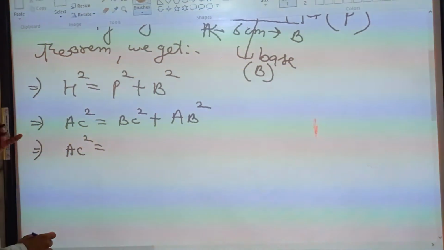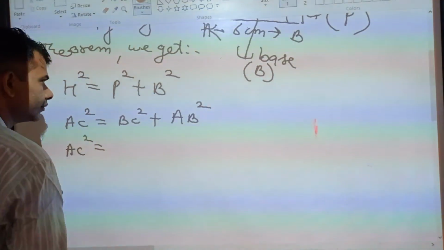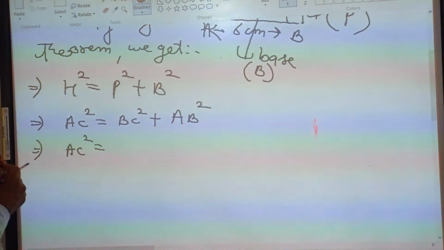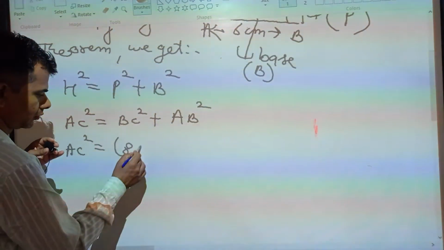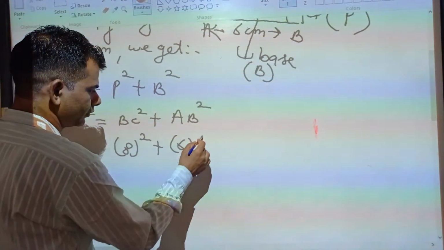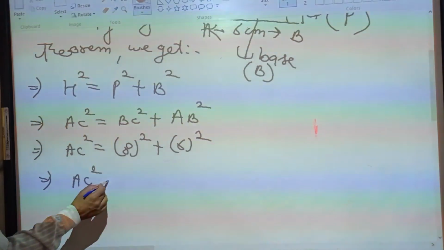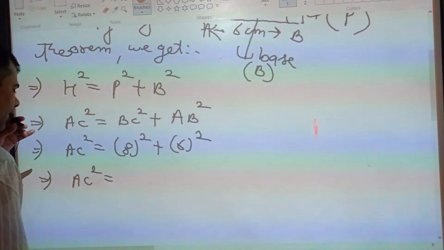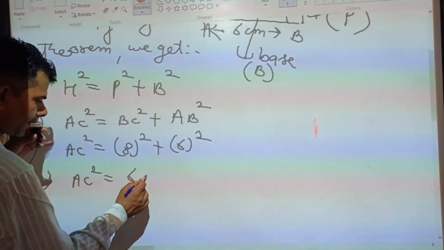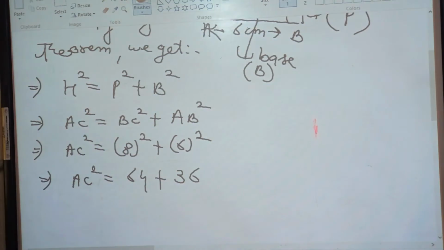What is your BC? BC is equal to 8 centimeter. AB is 6 centimeters. The square of 8 is 64, and square of 6 is 36.